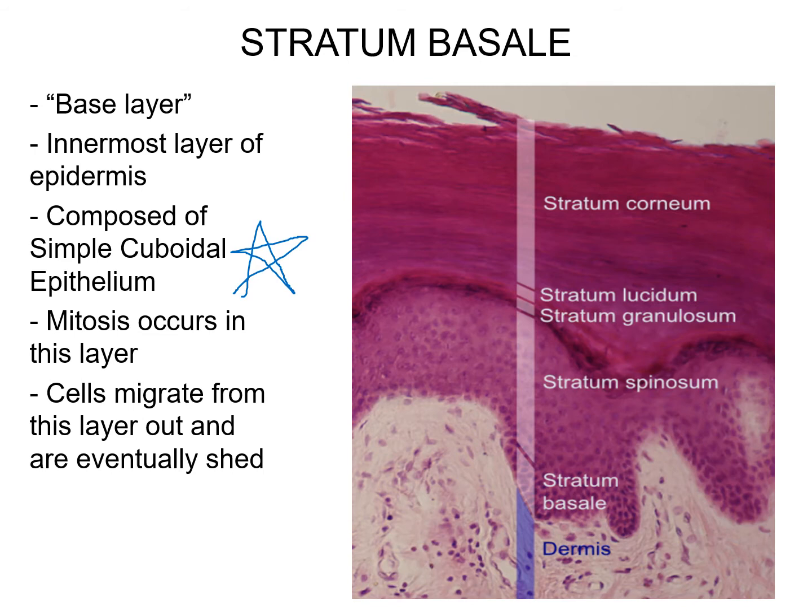But this very bottom row is made up of simple cuboidal epithelium. And once again, these are stem cells. So they're heavily mitotic. They make your new skin cells. And then as these cells get born, they keep getting pushed by newer cells and newer cells, and eventually they just flake off in your bed sheets or your pillowcase, whatever.